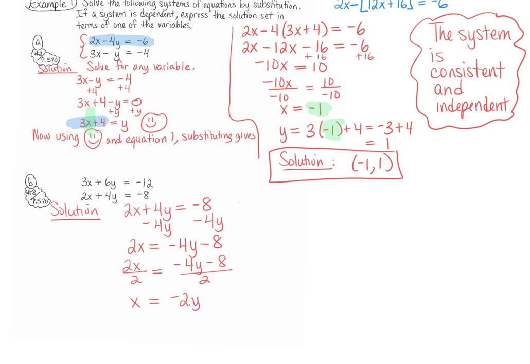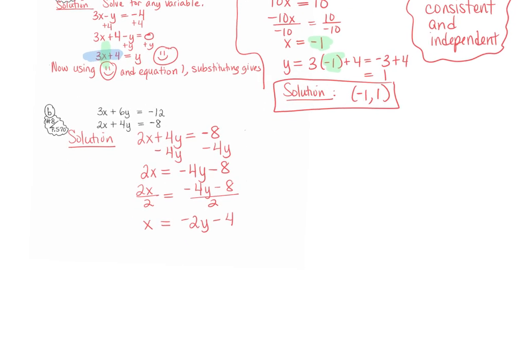And then what is minus 8 over 2? Good. So we have negative 2y minus 4 is equal to x. So we solved equation 2 for x. Now what is our approach? What do we do? Substitute. You guys substitute that into equation 1, yes.